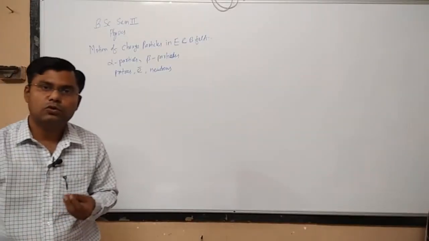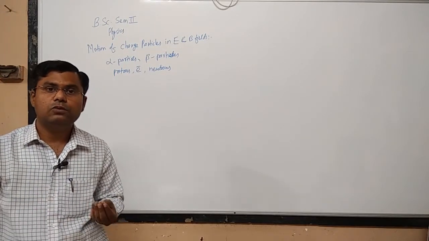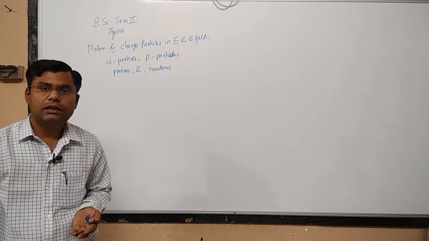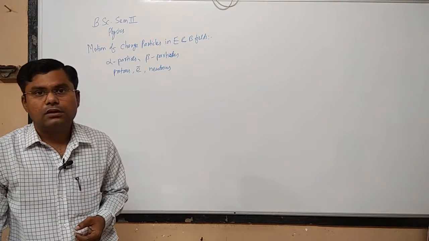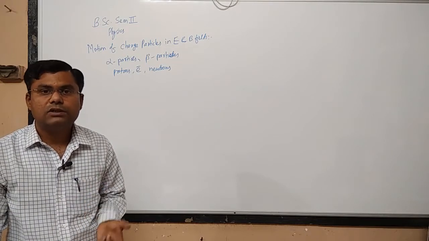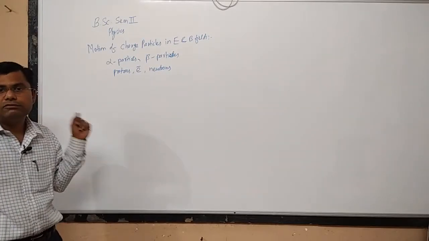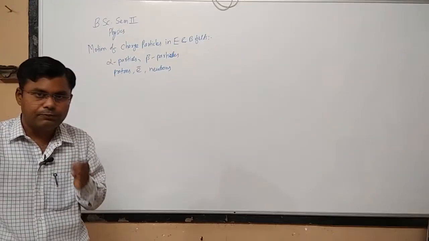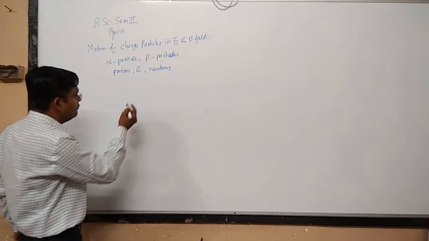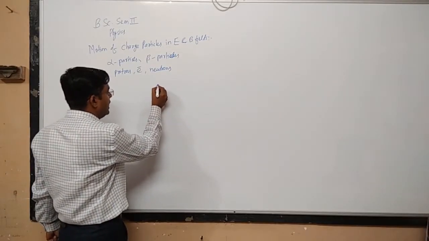Our universe is filled with all such particles, and we always wish to determine the properties of these particles. The fundamental thing is that we cannot observe these particles, because their size is very small. The basic building block of nature is the atom.